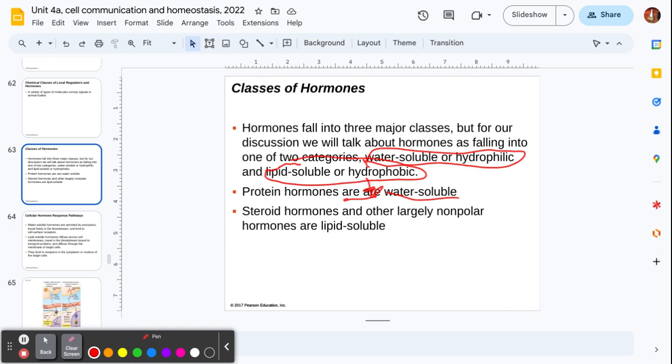Steroid hormones and other large nonpolar hormones are lipid soluble. So for the protein, it was insulin. And steroid, anybody know what a steroid hormone is? Estrogen. Yeah, good.